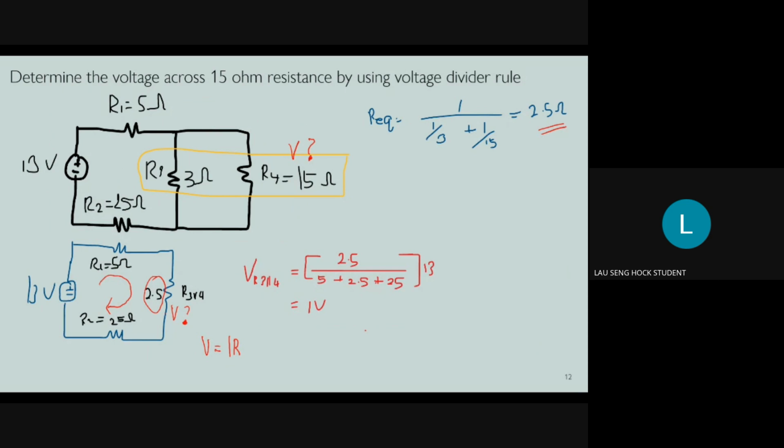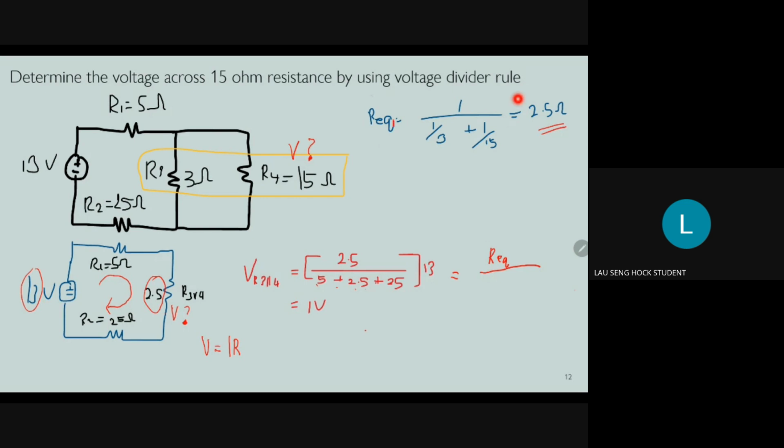The current across here should be the same because they are all connected in series. So if you use the voltage divider rule to calculate the voltage across 2.5, it is 2.5 divided by 5 plus 2.5 plus 25, times 30 volt. So this formula is R equivalent over R total.